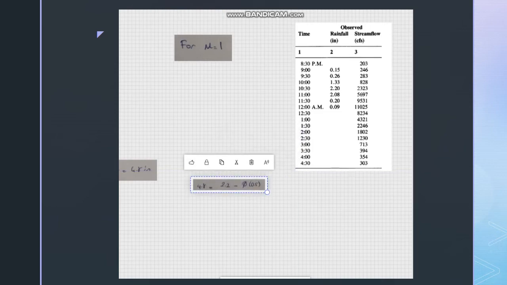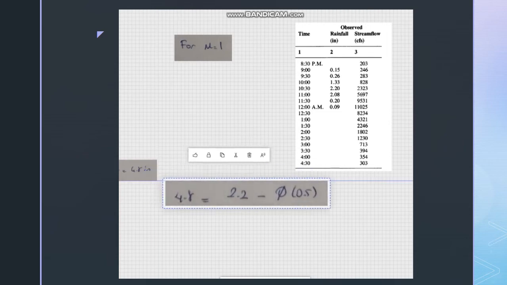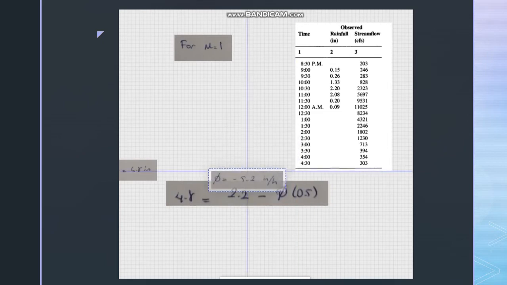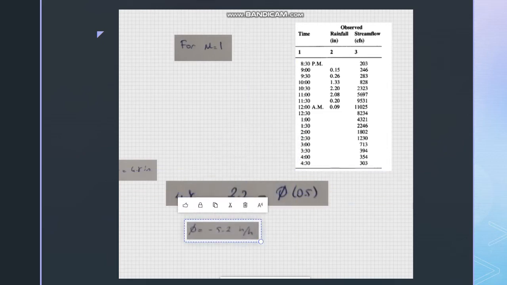So 4.8, which is RD, is equal to 2.2, which is the highest rainfall here for M1, minus phi index multiplied by delta t, which is 0.5 interval, because we are working in half an hour, right? When we make the calculation, we will have phi index is minus 5.2 inch per hour.